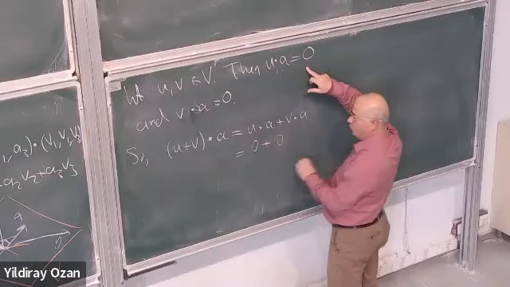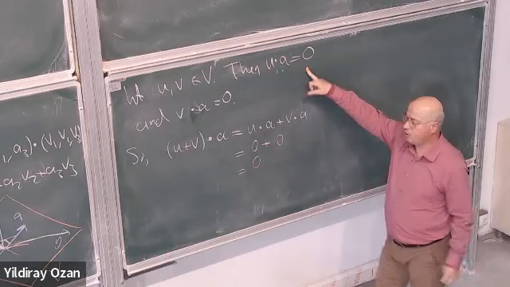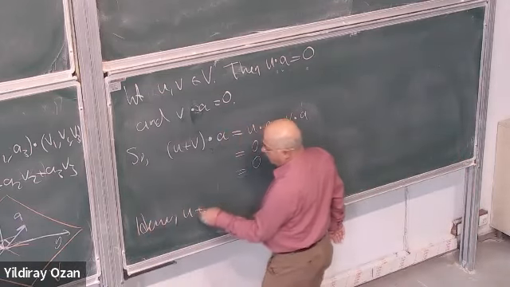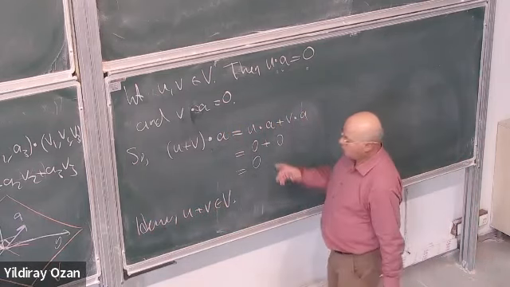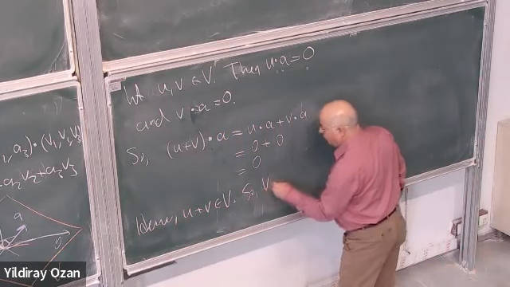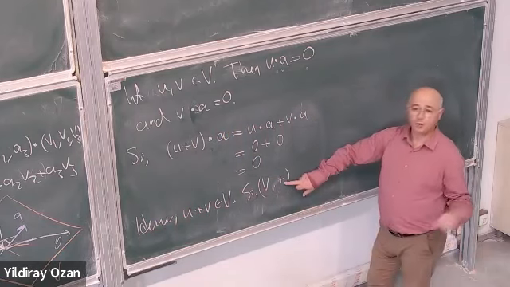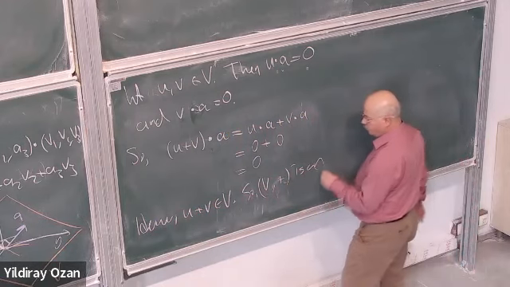This is also 0. Sum of two 0s is just 0. Hence, U plus V is also in V. So, with this addition inherited from R3, V is an abelian group.